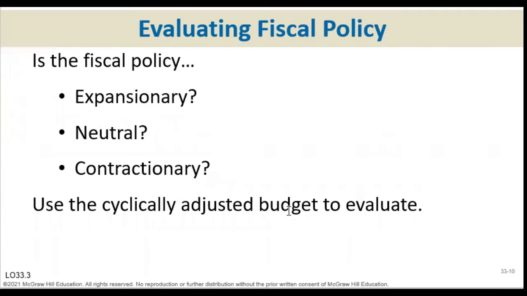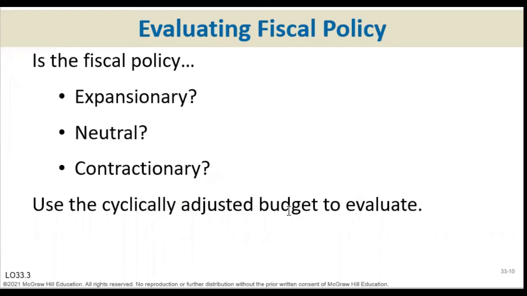How do we evaluate fiscal policy, how do we know that government is putting forward expansionary, neutral, or contractionary fiscal policy? We use the cyclically adjusted budget to evaluate fiscal policy.